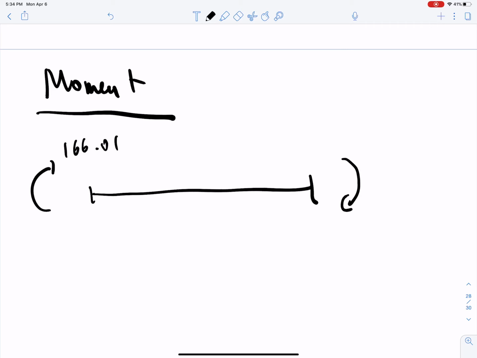Okay. 99.78. Okay. This way. So the moment on the left is making it convex, right, locally. The moment on the right is making it concave. So you get a distribution of the moment that looks like this.